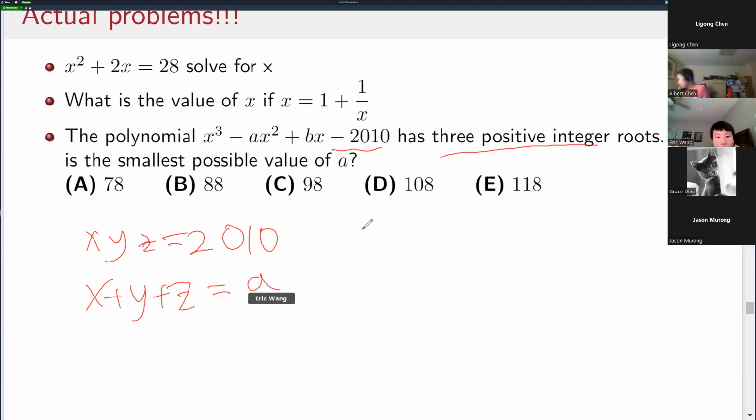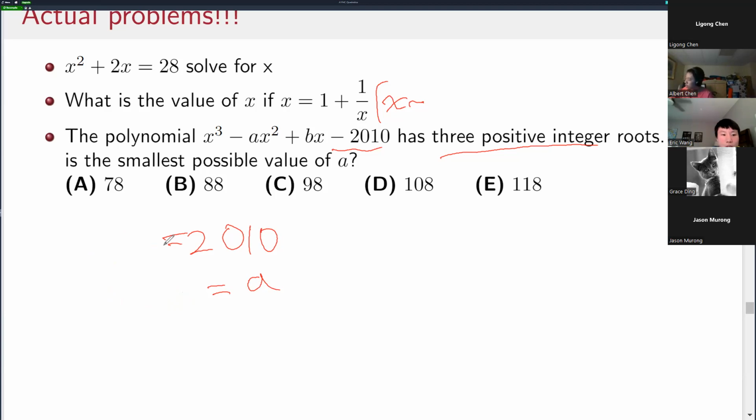And notice that it's not negative 2010. I shouldn't have used x, y, z actually; I should have used a, b, and c. Let's do a plus b plus c, and call this p, and this is not a, this is p.